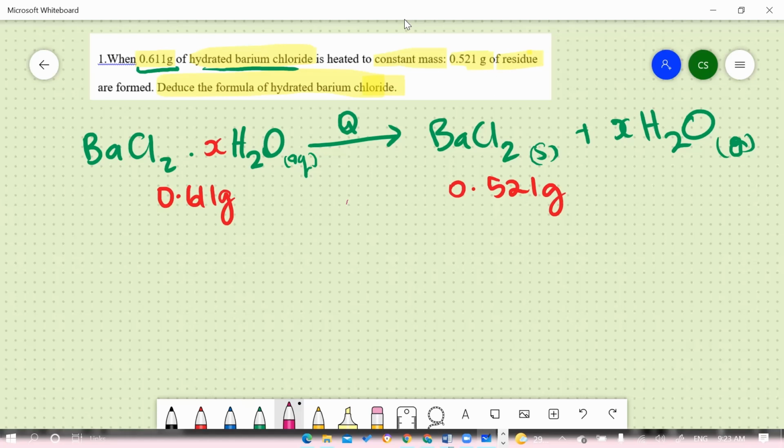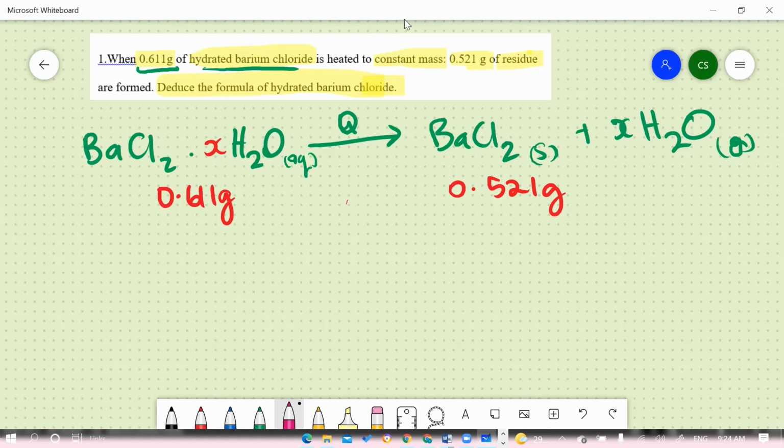So the 0.521 grams there, what is it telling me? Which mass is that? That's without water. Exactly. So how can we use these two values to our advantage? We could subtract them, and if we subtract them, you're going to figure out how much water was lost. Very good. So do that.